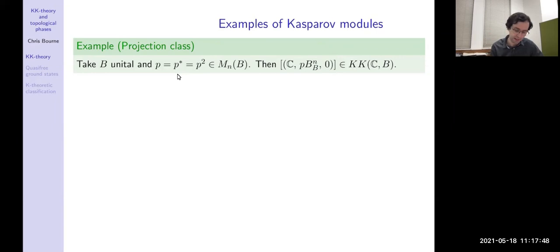And so I can instead just take the finitely generated and projective module, the complex numbers on the left, and just 0 as my operator. And that gives me a nice class in this KK(C,B), which is the same thing as the K-theory of B, and precisely furnishes that isomorphism between the K-theory and KK(C,B).